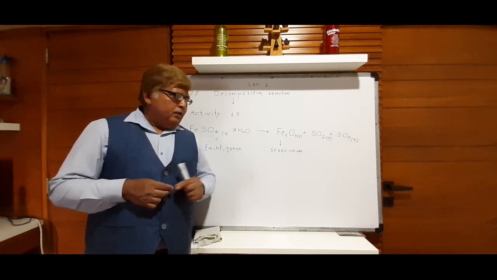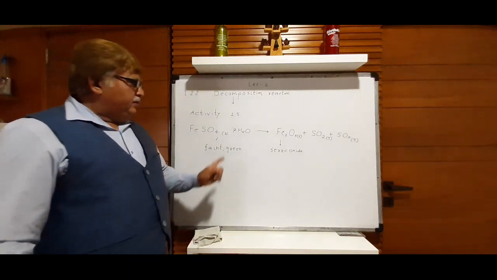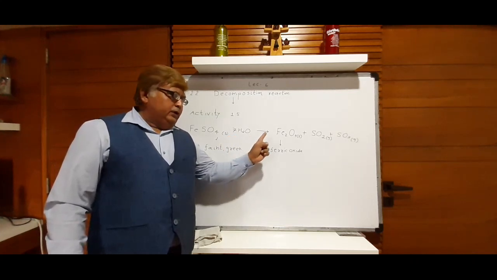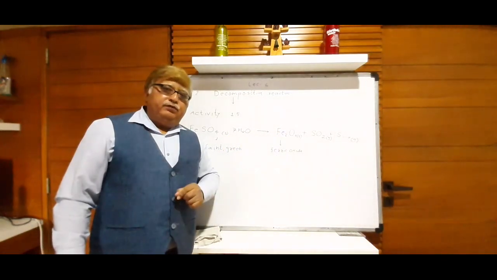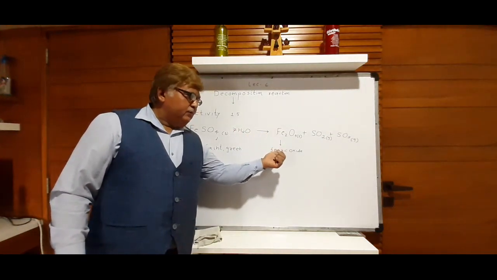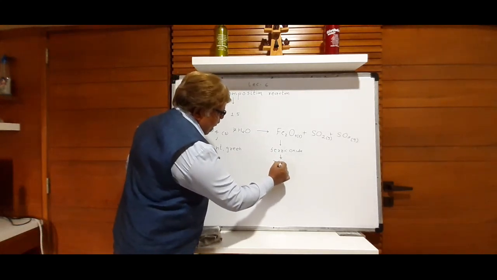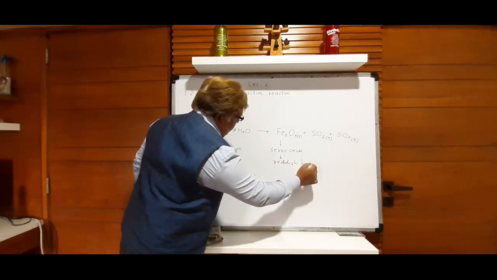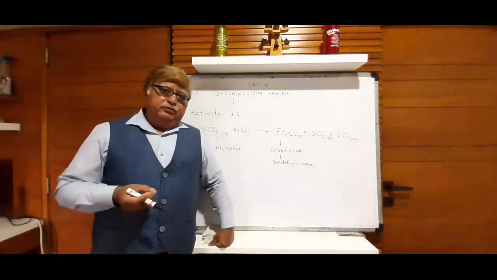So, this is one type of decomposition reaction, where ferrous sulfate crystals decomposed into ferric oxide, sulfur dioxide and sulfur trioxide. The pungent smell is burning of sulfur and the reddish brown color is of ferric oxide.